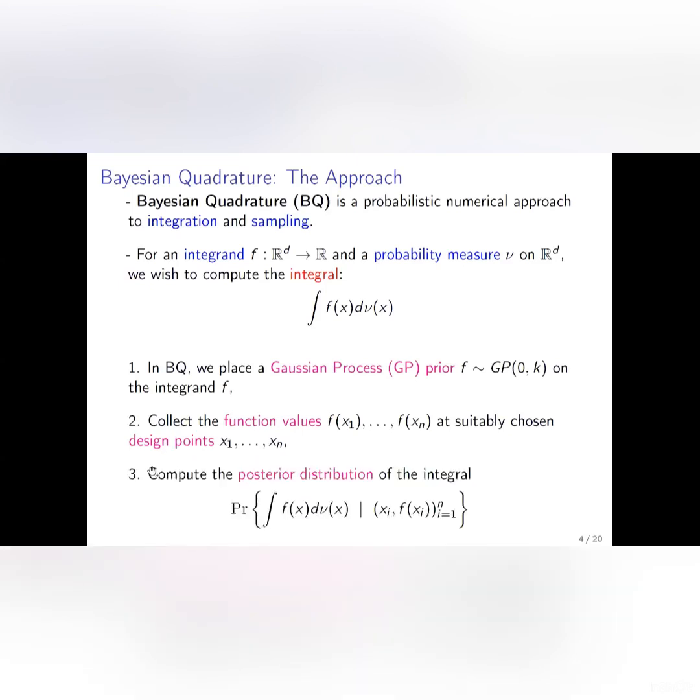Then, being a Bayesian approach, you compute the posterior distribution of the integral. This is a probability distribution conditioned on these function values, which we regard as observed data.